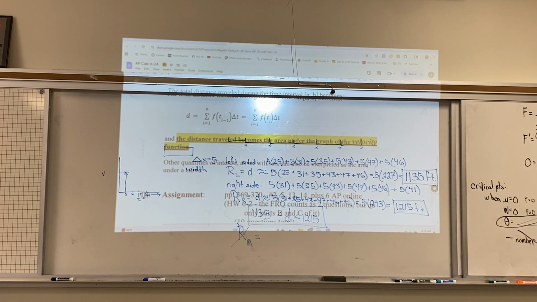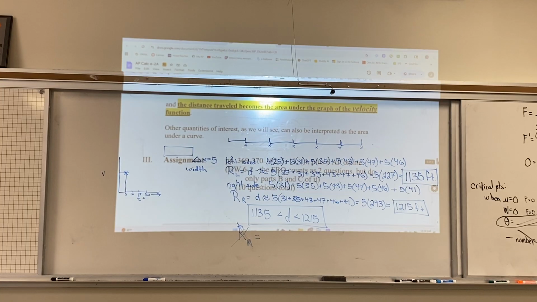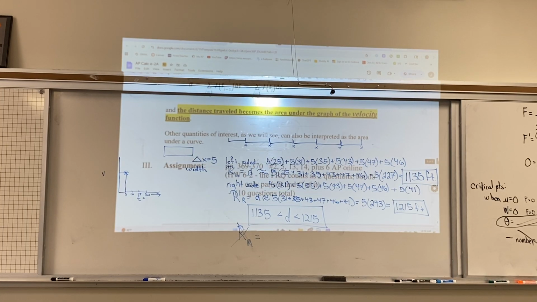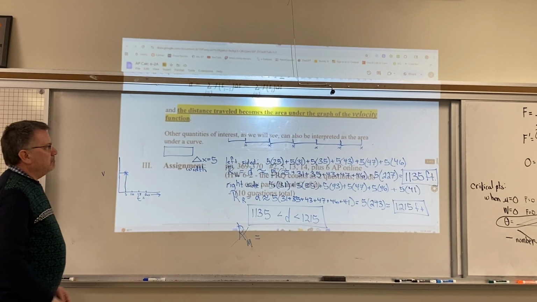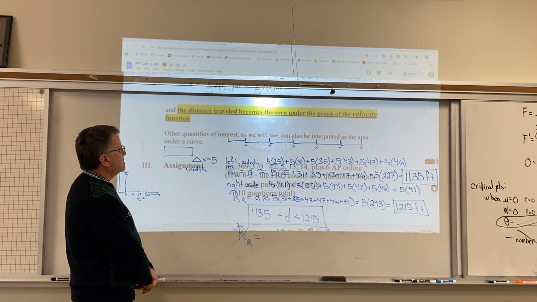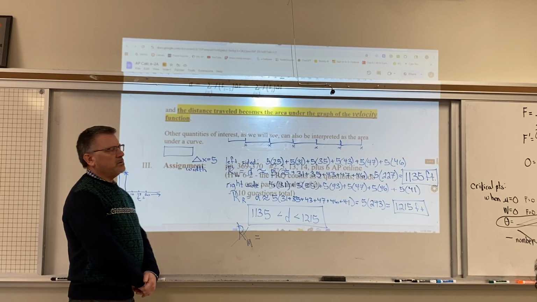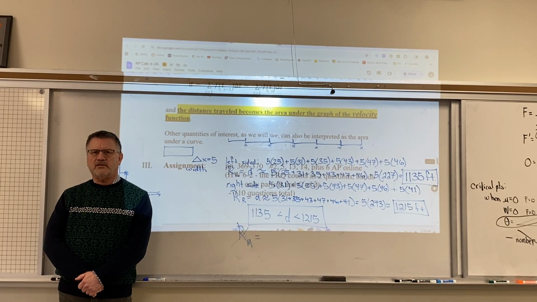The distance traveled becomes the area under the velocity function. That may be interesting for something in the future. The distance traveled becomes the area under the graph of the velocity. How are distance and velocity related to each other?